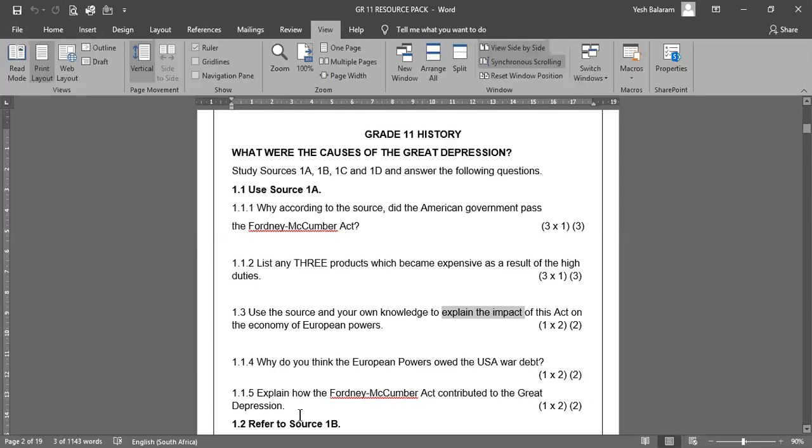The last one asks you, explain how the Fordney-McCumber Act contributed to the Great Depression. Here, you will look at how the Europeans themselves distanced themselves from the United States.